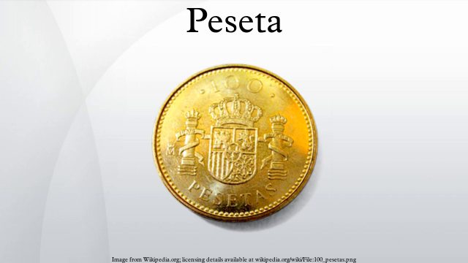Subdivision: the peseta was subdivided into 100 céntimos or, informally, 4 reales. The last coin of any value under 1 peseta was a 50 céntimo coin issued in 1980 to celebrate Spain's hosting of the 1982 FIFA World Cup.